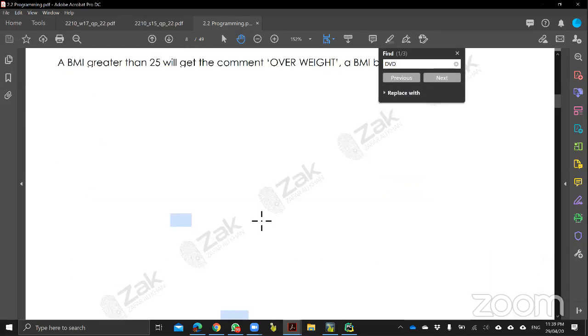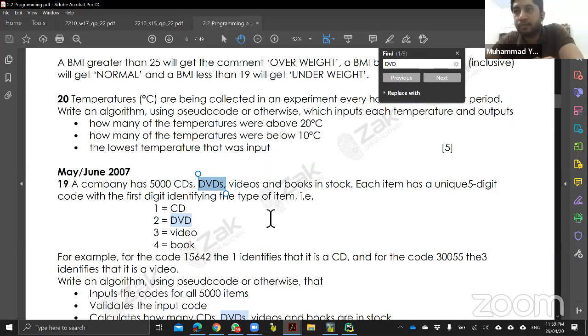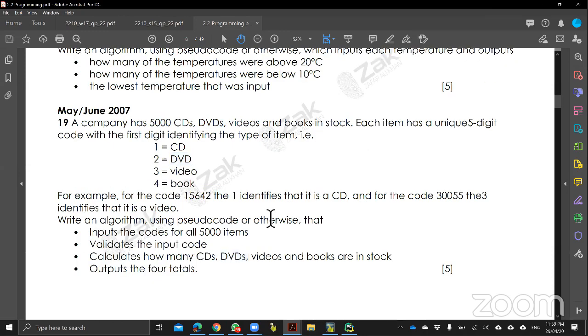Now this question says a company has 5,000 CDs, DVDs, videos and books in stock. Each item has a unique 5-digit code, with the first digit identifying the type of item. If the code's first digit is 1, like in here, it is a CD. And if it is 3, like in here, it is a video.